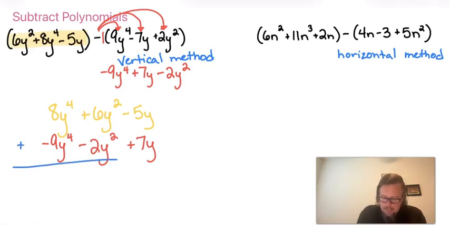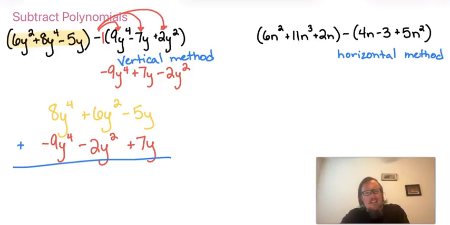And then I'm going to combine these terms. Now you may be wondering, wait, hold on, why are you doing a plus sign? Why are you adding these together? I thought this was a minus problem. It is a minus problem, but I already distributed the minus sign. I already took care of the minus by distributing that negative sign. After I distribute the negative, I'm just combining like terms. And this is something we're going to do in the horizontal method also.